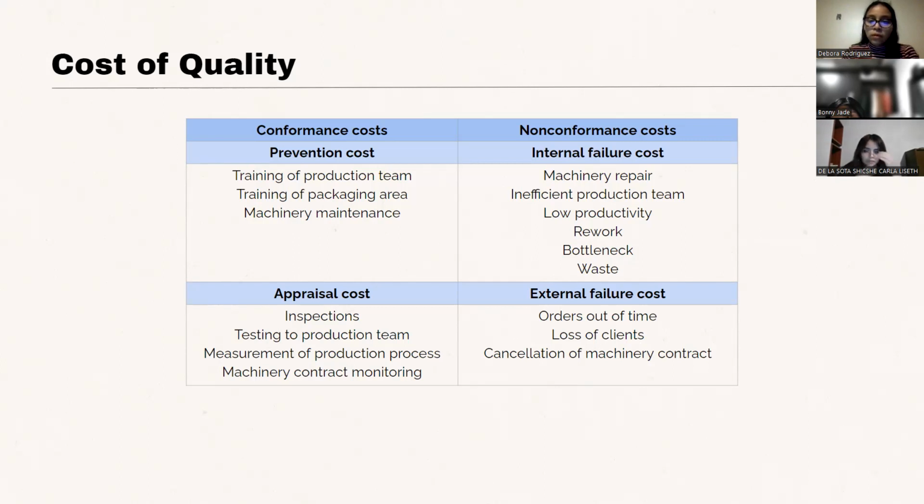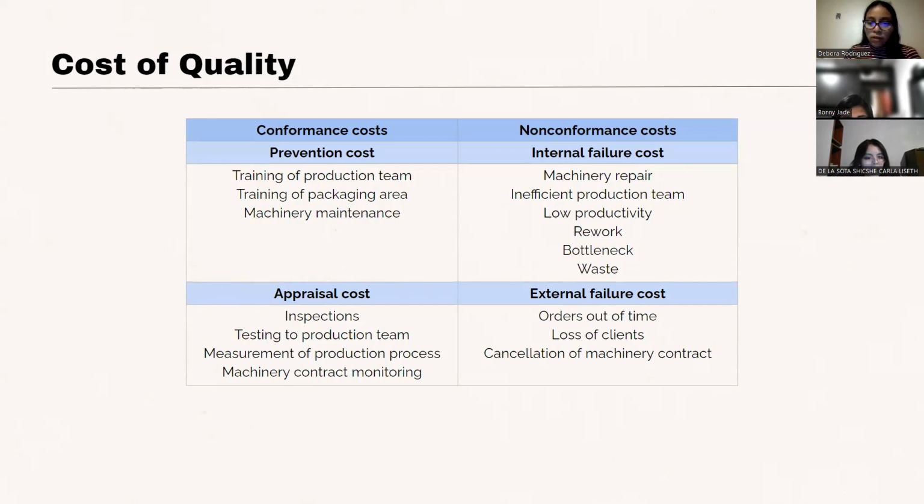Internal failure cost refers to failures within the company, for example, the cost of machinery repair due to improper use or poor implementation of the improvement. This results in waste of products or inputs, and in reworks and bottlenecks.